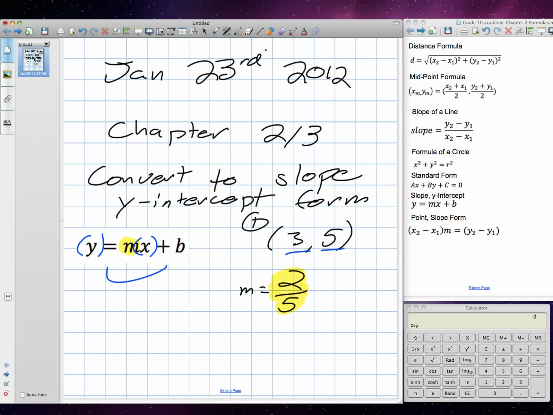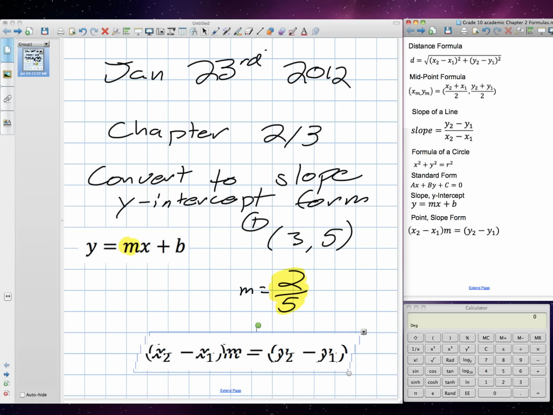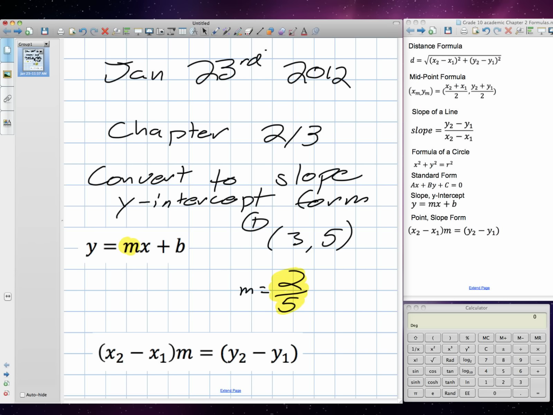Another way we could go about solving that is putting this into point slope form, which means we have a point, our point 3, 5, and we have a slope. So we have this form here, and we could plug it in for either x2 and y2, or for x1 and y1. Either of them work.